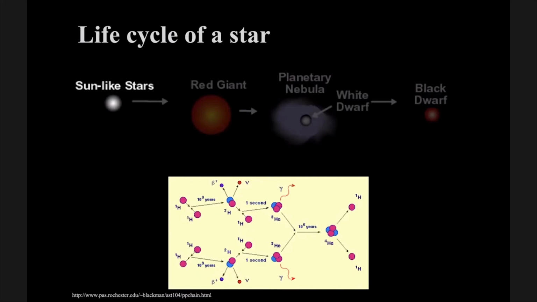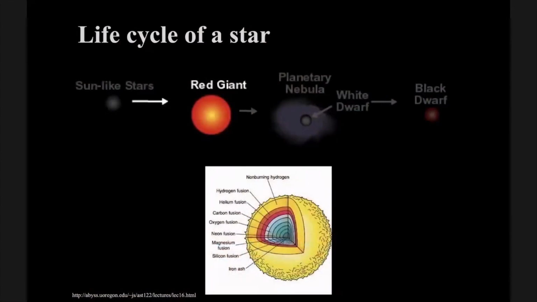However, in a few billion years' time, all of the hydrogen fuel in the sun will run out, unfortunately. What will happen is the sun will then begin to fuse other nuclei, such as helium, and turn into a red giant star. In doing that, it will expand and it will actually engulf the Earth.